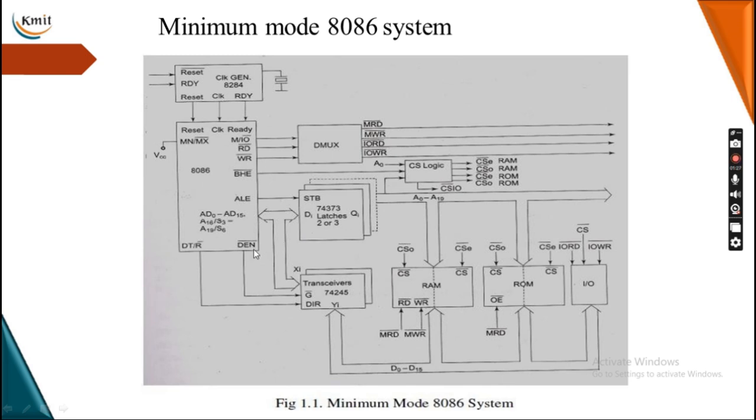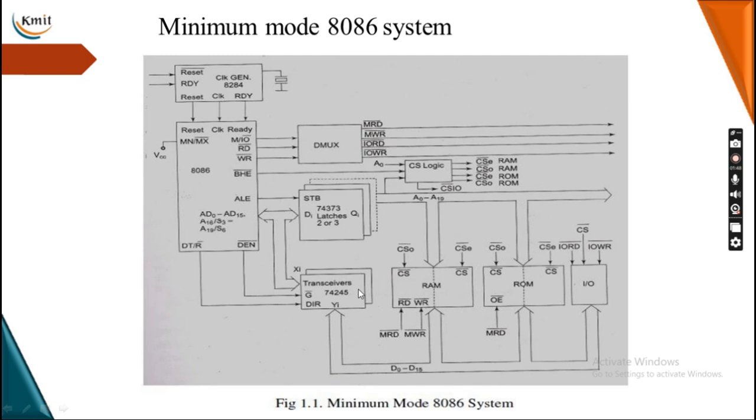Similarly, DEN bar and DT/R bar are the two control pins which control the data being demultiplexed from AD0 to AD15 as D0 to D15 by using two transceivers, as we require to store 16 bits.